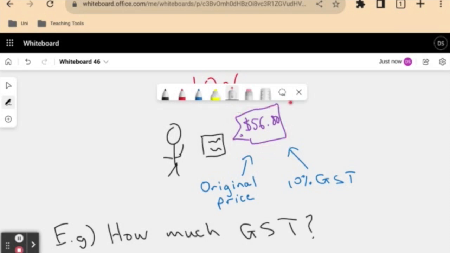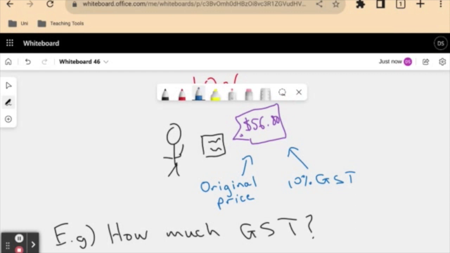Now, it's a little bit trickier here because we've got to think of the portion that the GST and our original price makes up. Because we can think of our original price as just being our set whole number, which is $56.80. And that makes up our whole, that makes up our 100%.